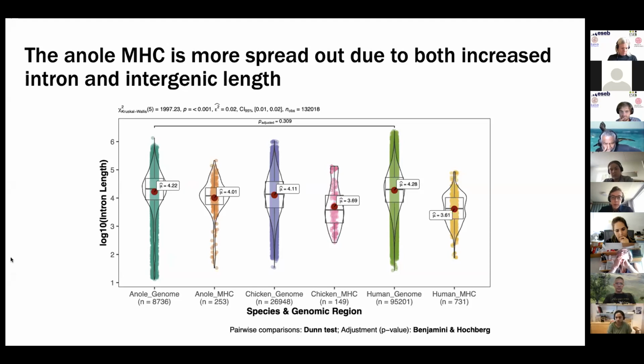The drop-offs from chicken genome to chicken MHC and human genome to human MHC are greater than that from anole genome to anole MHC. So this implies that there might be some structural differences in the anole MHC that make it fundamentally different from chicken or human in some as yet unknown way, or it could just be, again, issues with our assembly that new genomes might resolve.